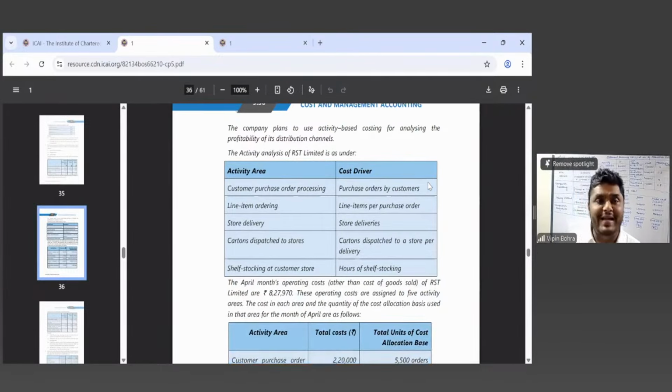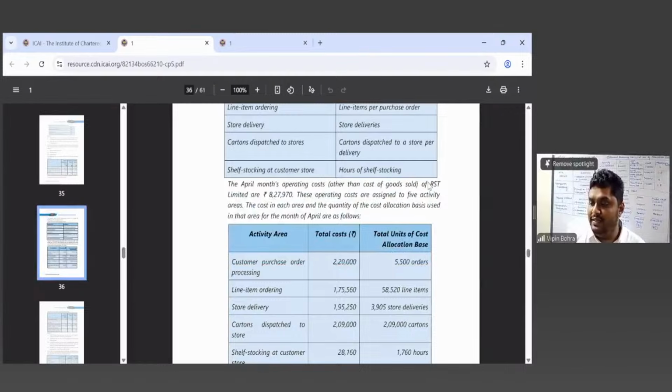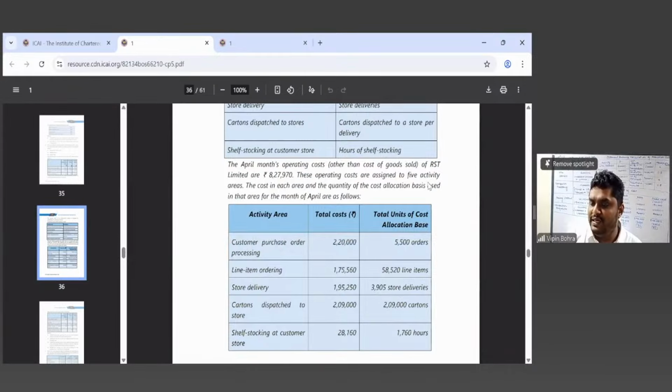So the total additional cost apart from the cost of goods sold is 8,27,970, and it is distributed among the 5 activities, which is 2,20,000, 1,75,560, 1,95,250, 2,09,000 and 28,160.